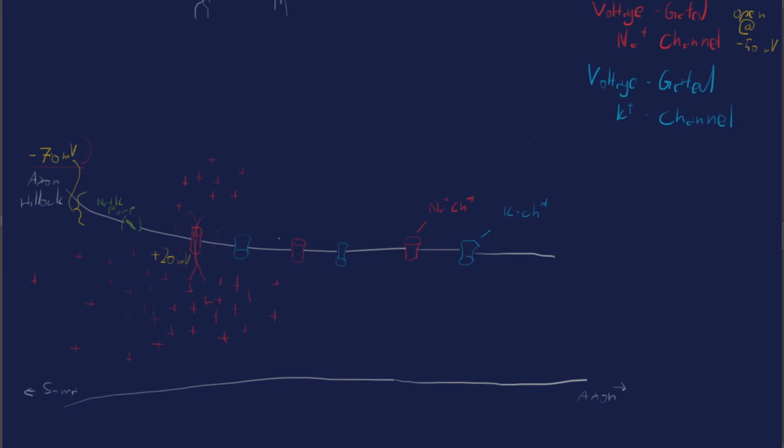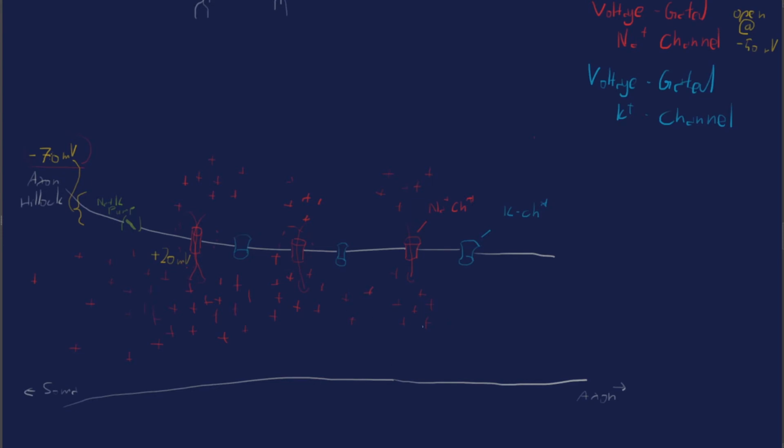And therefore this sodium channel will also open and all these sodium ions will enter as well. And I think you get what's happening, right? Then all these sodium ions will diffuse towards the next channel, which will also fire and let the sodium in. And this keeps happening all along the length of the axon until you reach the end of the axon in the terminal buttons.